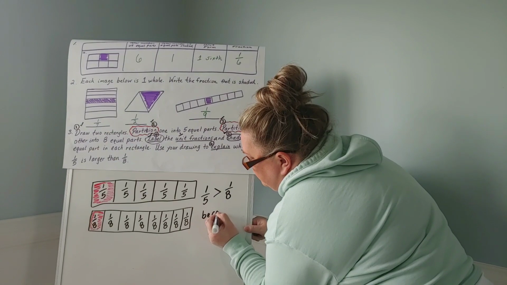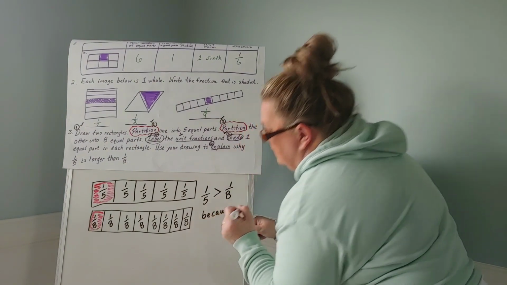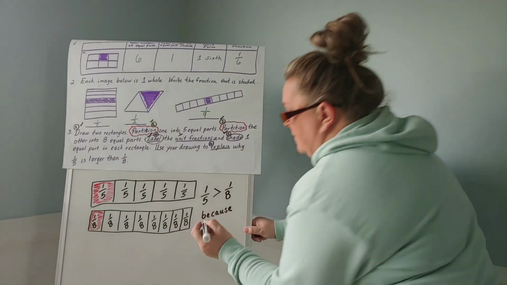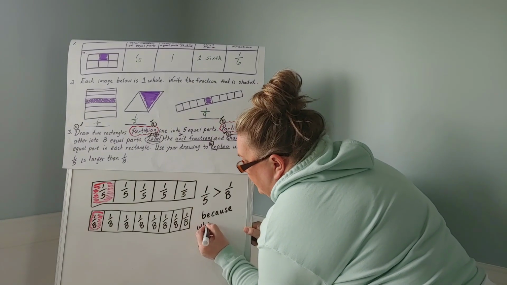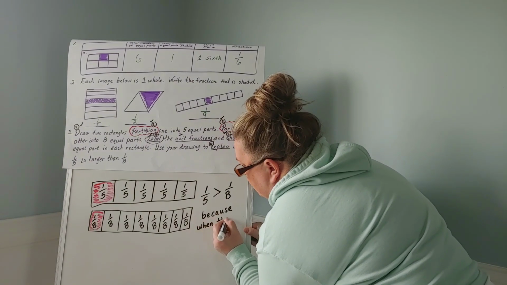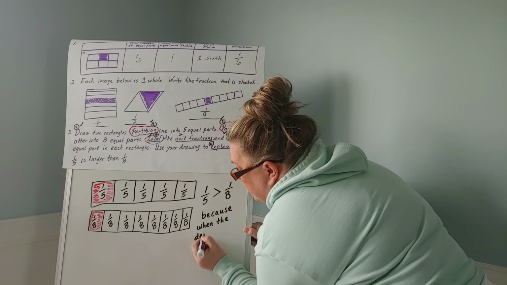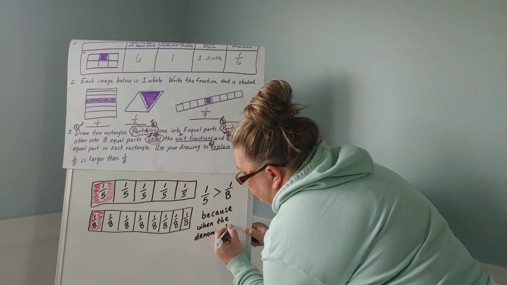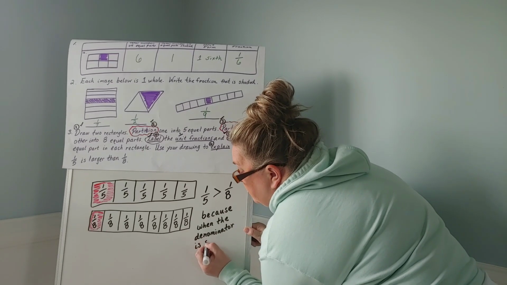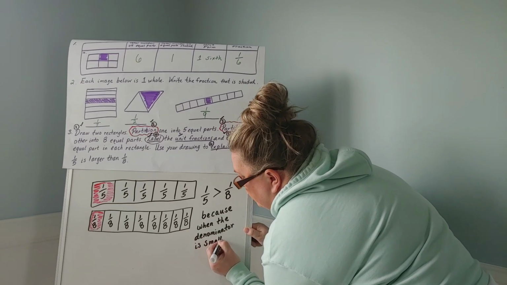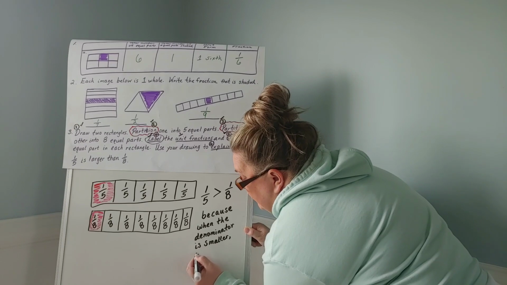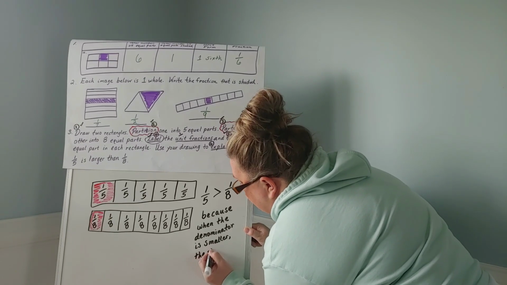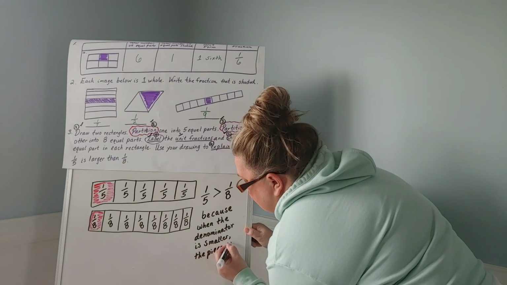Because when the denominator is smaller, the piece of the whole thing is bigger.